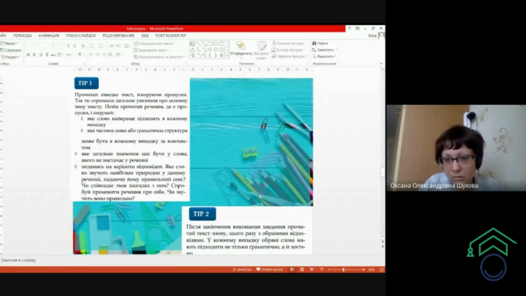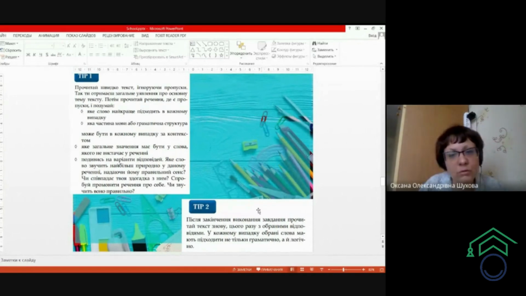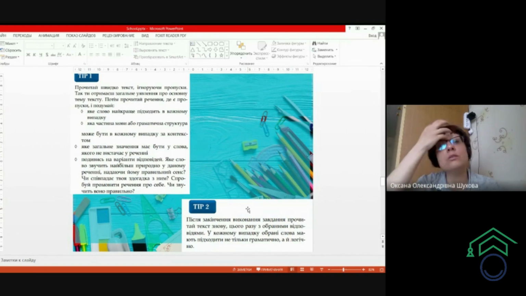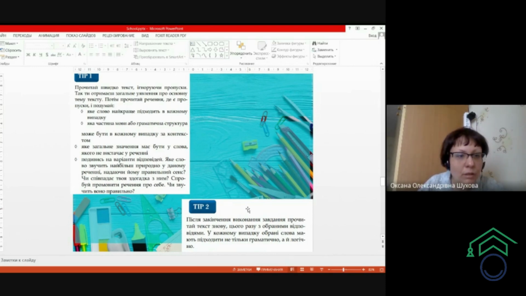І треба звернути увагу на те, що у кожному випадку обрані слова мають підходити не тільки граматично і логічно. Тобто, ще раз, спочатку ми читаємо текст, ігноруючи пропуски, потім читаємо речення, де є ці пропуски, і намагаємося підібрати правильний варіант. Взагалі ж таки завдання з Use of English, вони бувають граматичного характеру, бувають лексичного характеру.